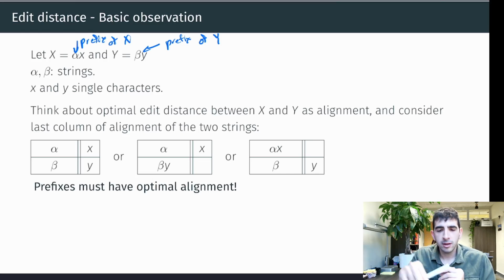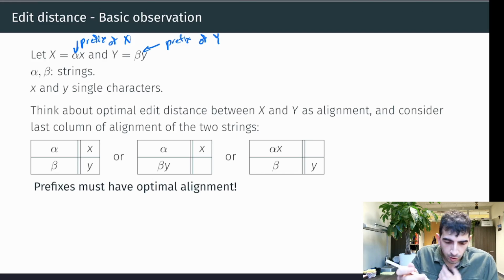So what we're trying to do here is something that we tried to do in the longest increasing subsequence problem. We look at the last character, we do some processing on this last character, and then we pass the prefixes onto another call to itself.